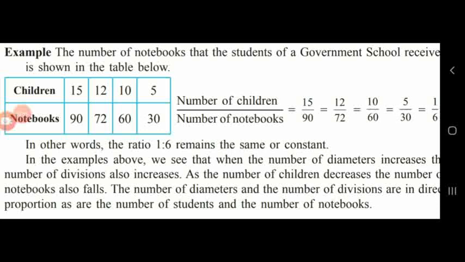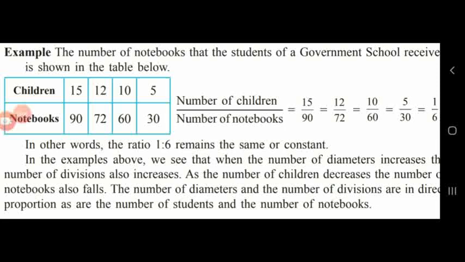So this type of proportion is called direct proportion, in which the ratio remains the same or constant. Direct proportion is simply defined as: if one quantity increases, then the other quantity also increases, or if one quantity decreases, the other also decreases.